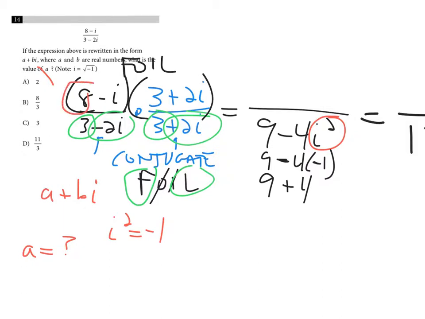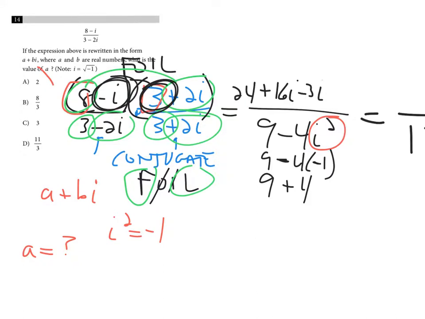The firsts, 8 times 3, that's 24. The outsides, 8 times 2i, that's 16i. The insides, negative i times positive 3, or negative 3i. And then the last, negative i times positive 2i, is negative 2i squared.